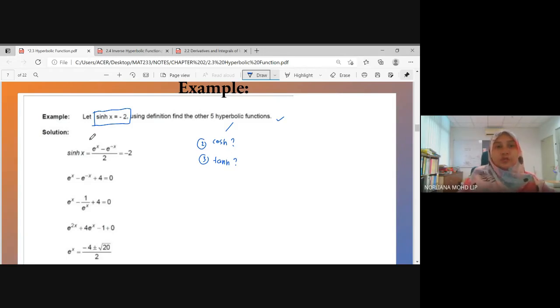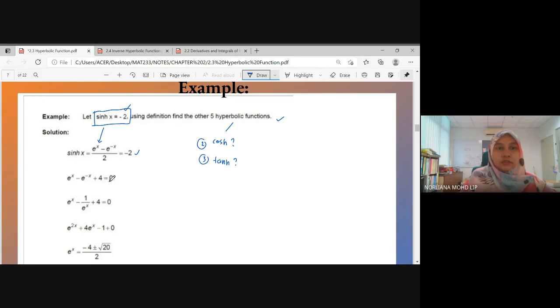Okay, so we substitute this function hyperbolic sine into the equation. The equation consists of exponential functions. So by using the definition, the hyperbolic sine equals exponent x minus exponent negative x over 2, and then equal to negative 2, given in the question.